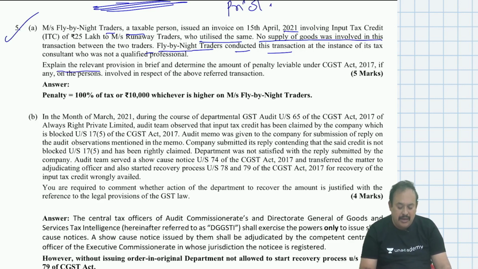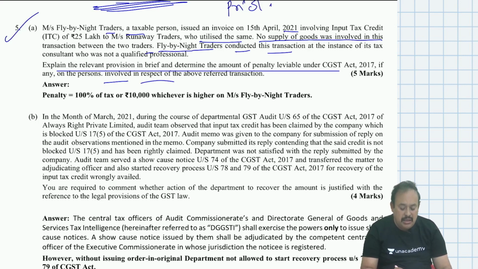Explain the relevant provisions in brief and determine the amount of penalty leviable under the CGST Act, if any, on the persons involved in respect of the above referred transaction.